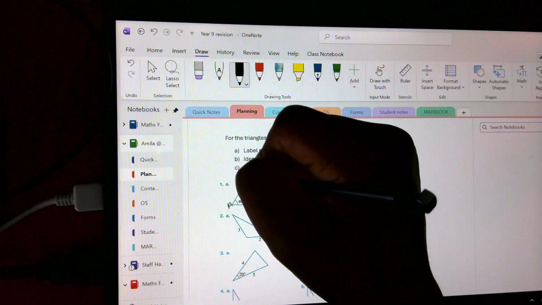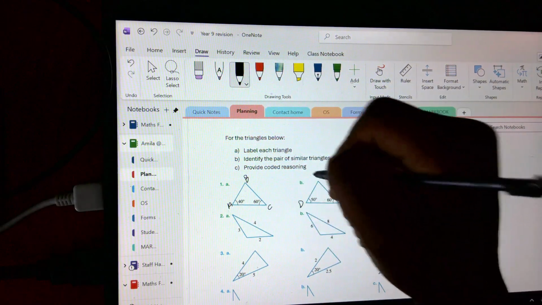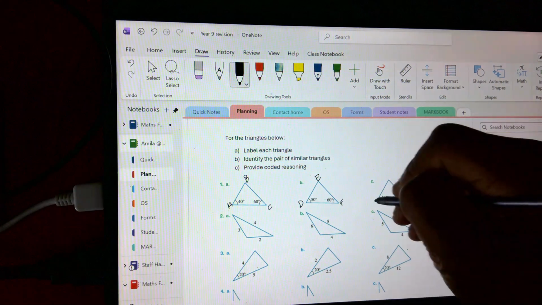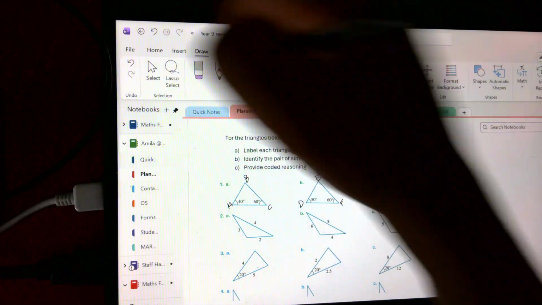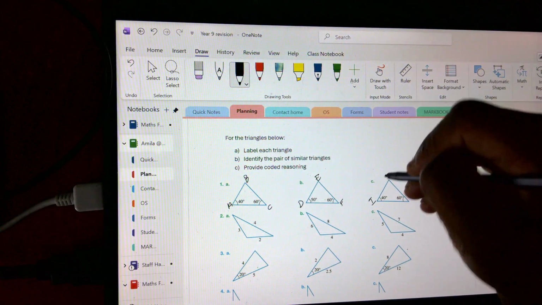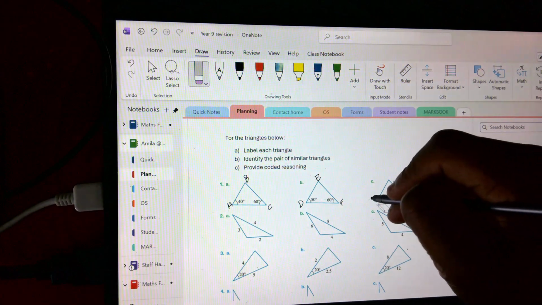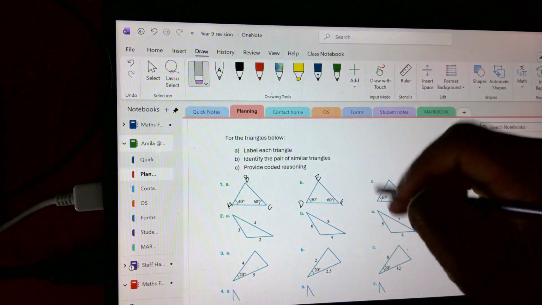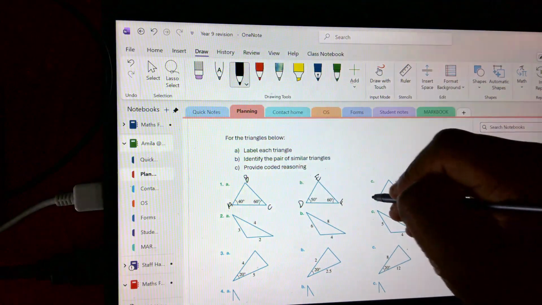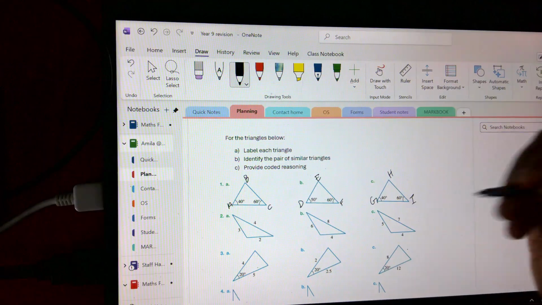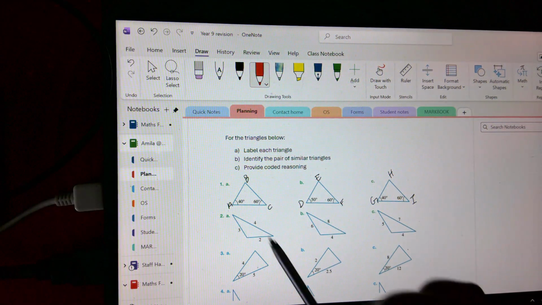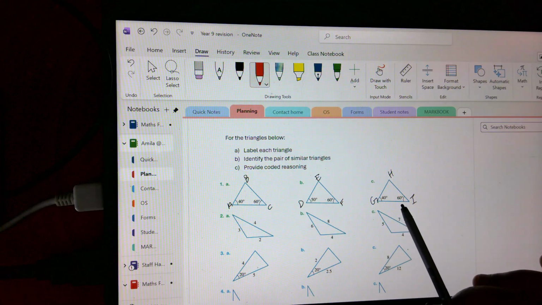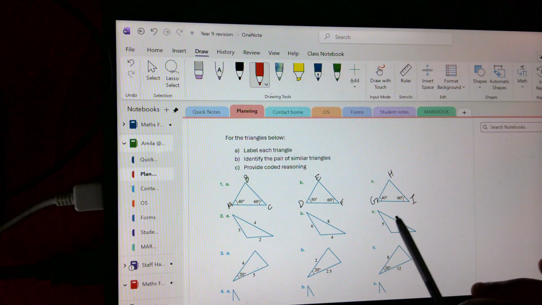Let's call this A, B, C, D, E, F, G, H, I. Out of the 3 triangles, A and C both have 40 and 60 angles.